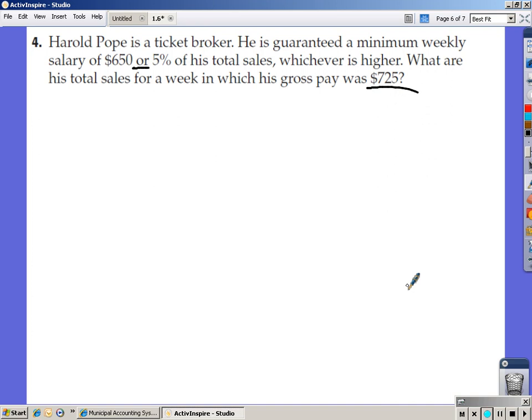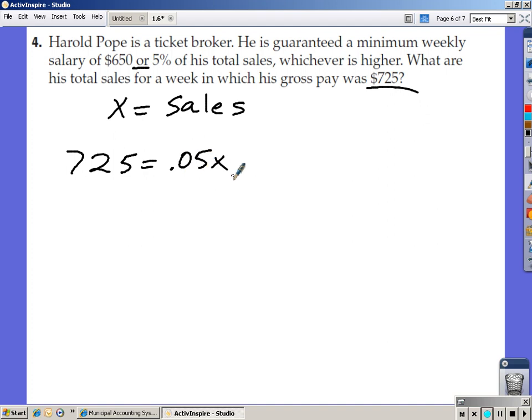All right? So what we've got to find is his total sales. So we're going to let X equal his sales. All right? Now, he made $725. We set it up. 725 equals 0.05x.